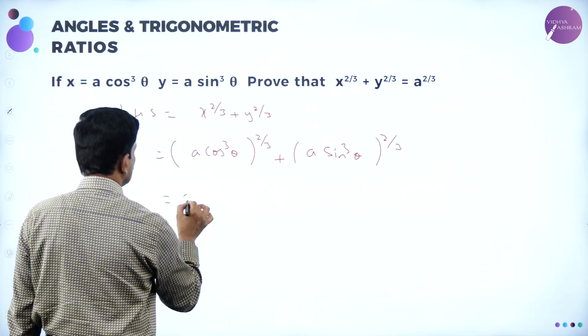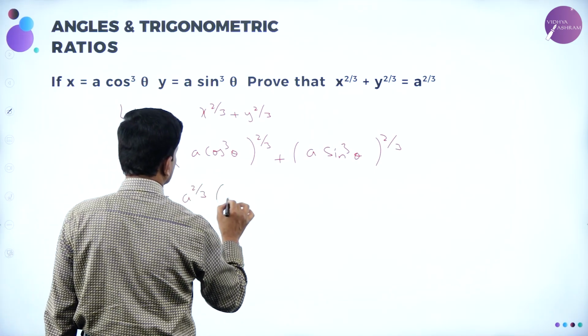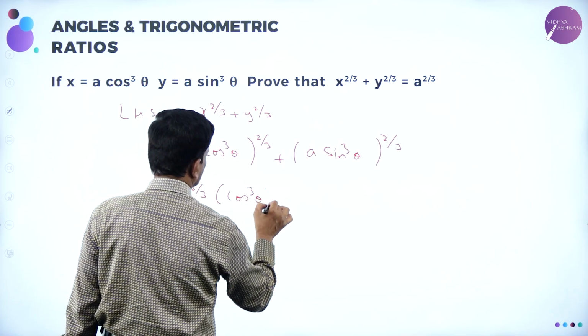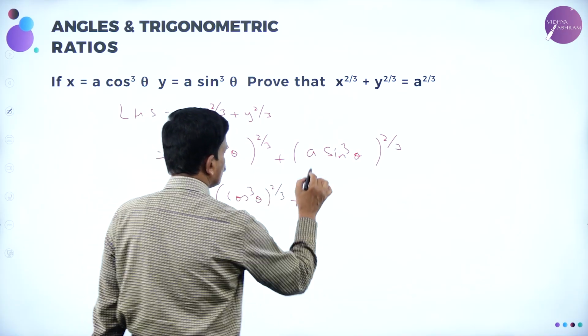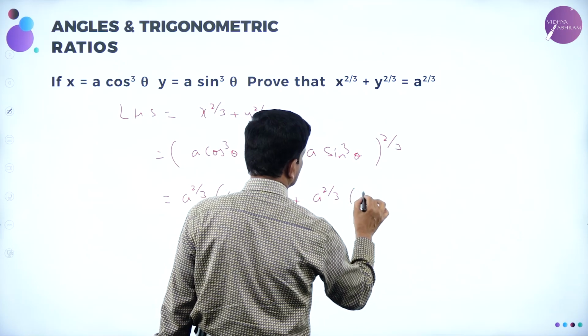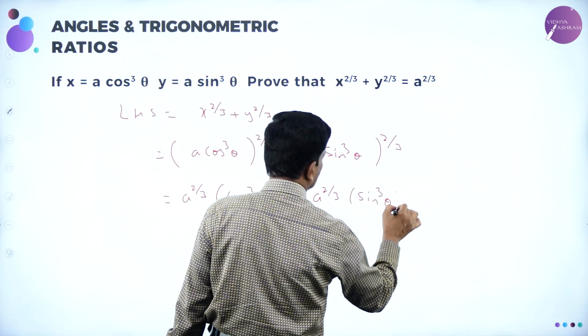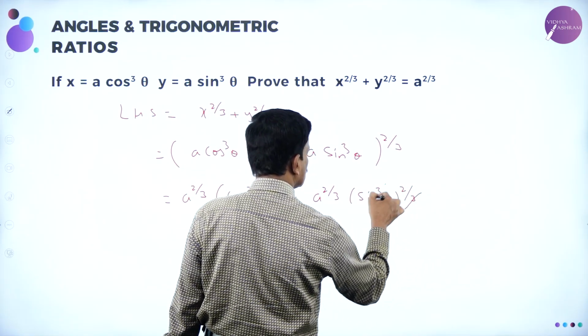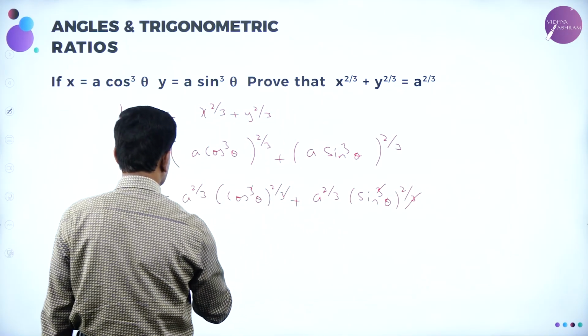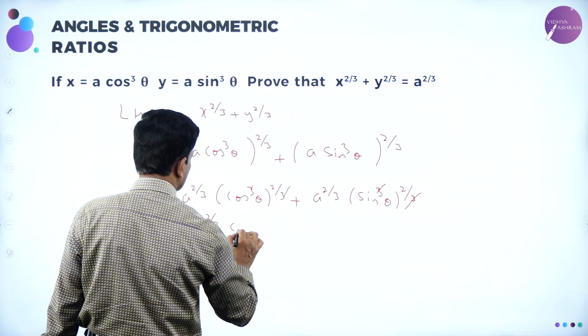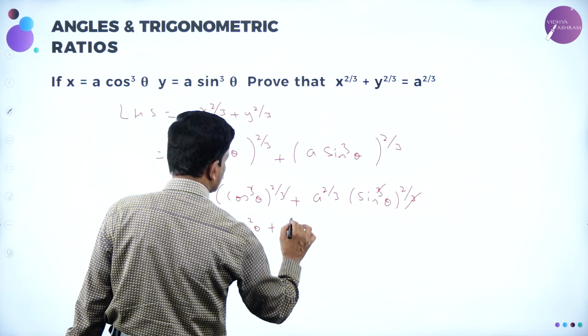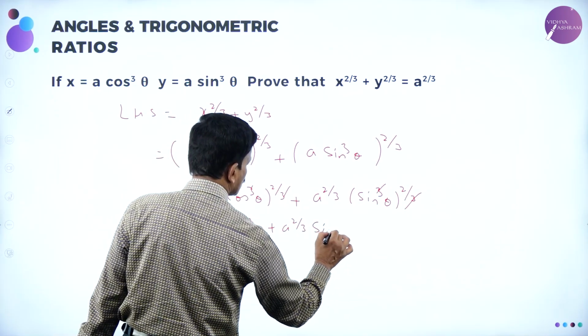Again law of indices. This is a to the power of 2 by 3 into cos cube theta whole raised to 2 by 3 plus a to the power of 2 by 3 into sin cube theta whole to the power of 2 by 3. This 3 gets cancelled. a to the power of 2 by 3 cos square theta plus a to the power of 2 by 3 sin square theta.